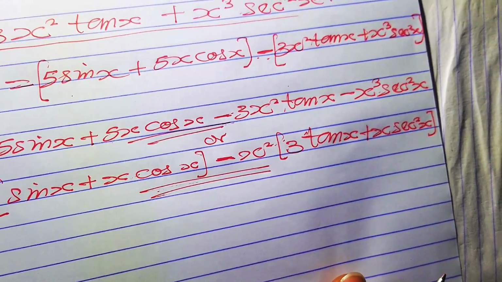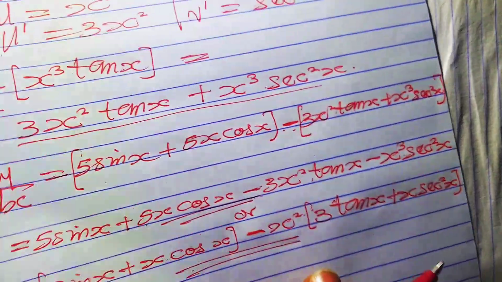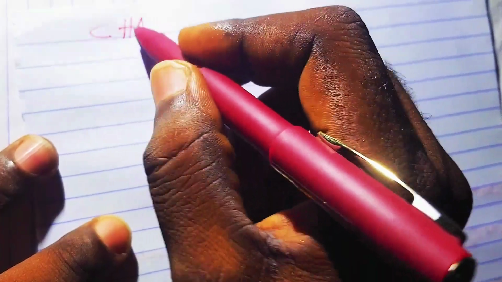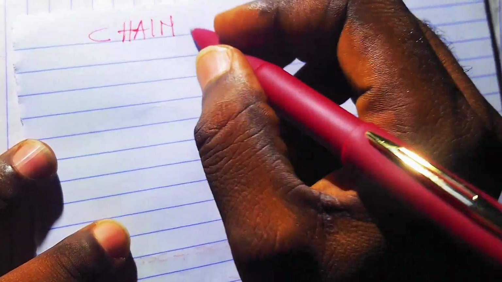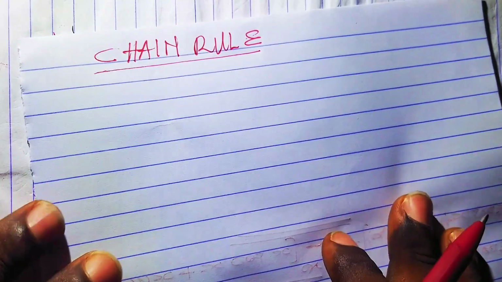Then let's take a look at another rule, which is the chain rule. Let's discuss the chain rule this way. I'm going to write it out so that subsequently we solve some questions where we need to apply both the product rule and the chain rule.